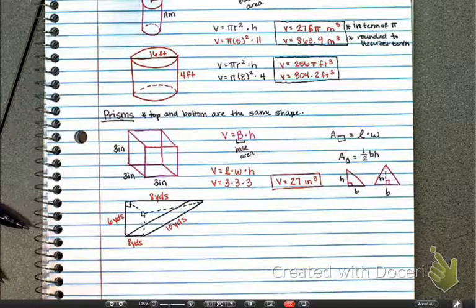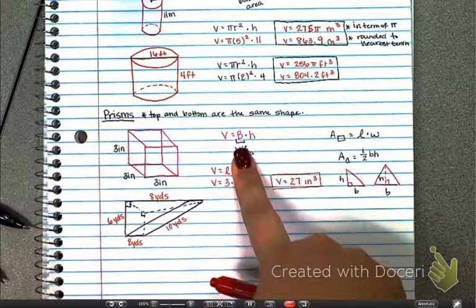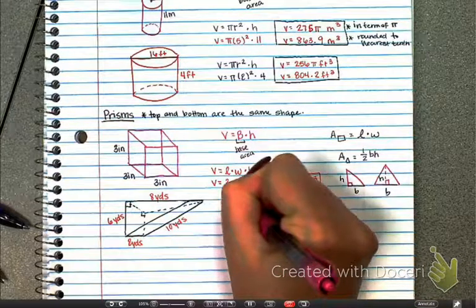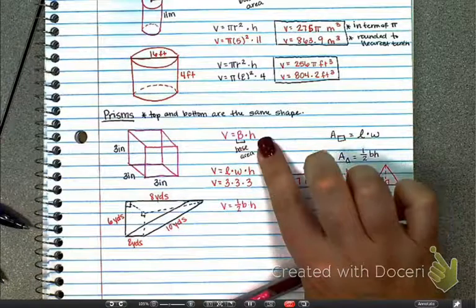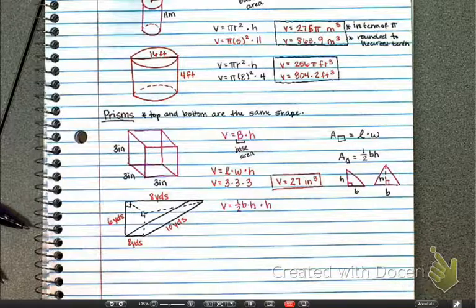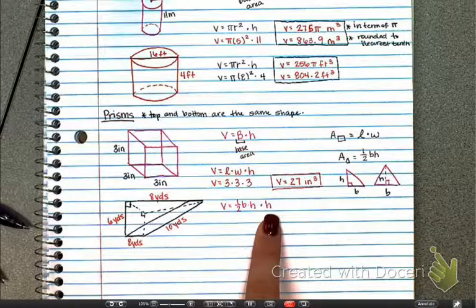We all agreed that our top and our bottom are a triangle. So I have a triangle in the base, and then it pops up, and there's a triangle at the top. Because of that, my B is the area of a triangle: 1/2 base times height, plus I still have to multiply it by the height of the whole prism.